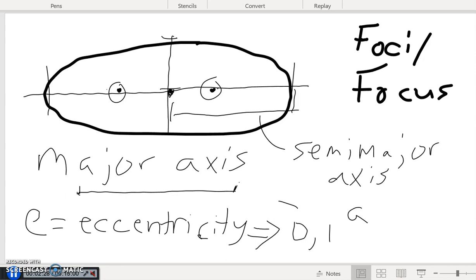Now that begs the question: what are typical planetary orbit eccentricities? And the answer is, surprisingly, even though our orbits are not perfect circles, they're fairly close. If I were to show you a picture of the shape of Earth's orbit, your eye would not be able to detect that it wasn't a perfect circle.